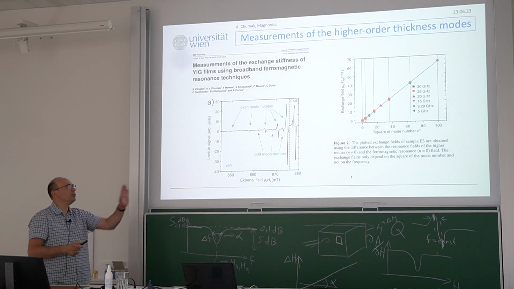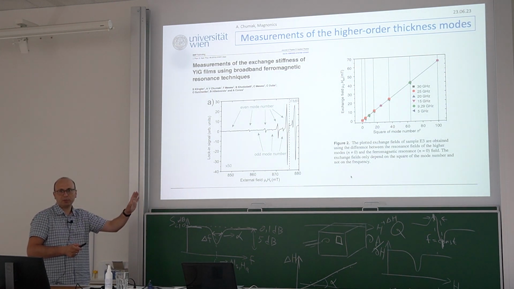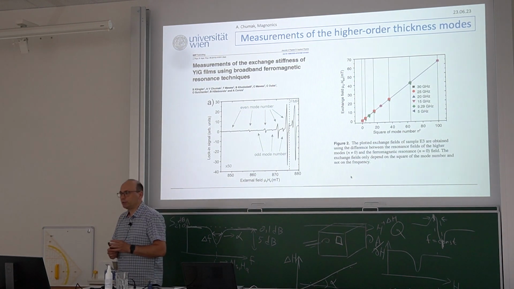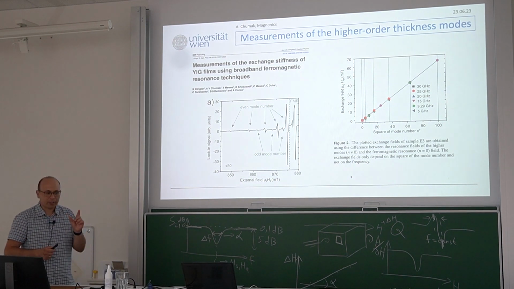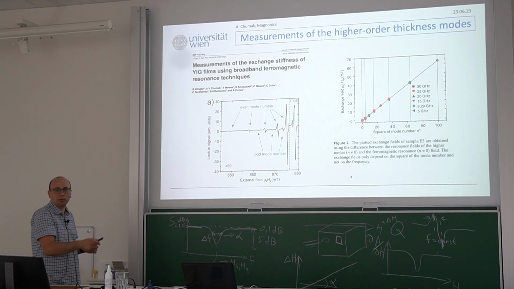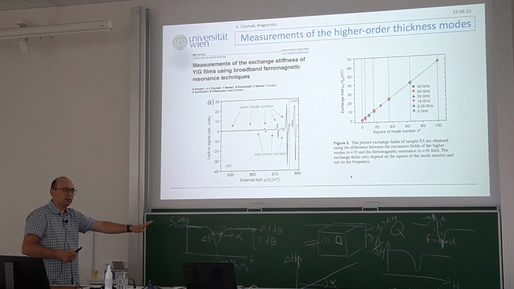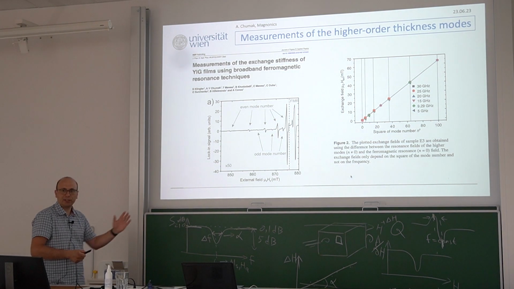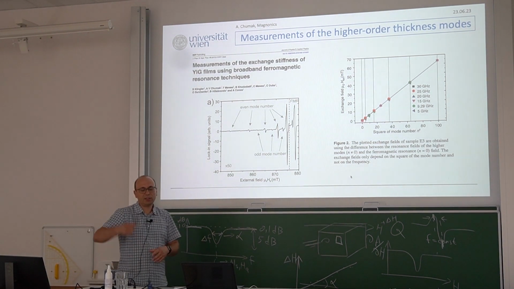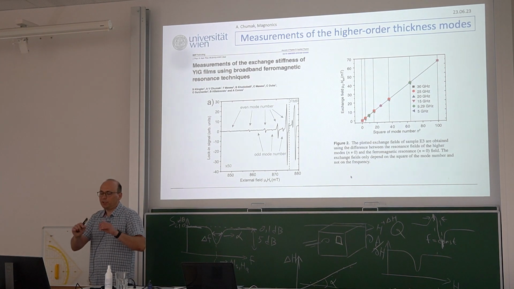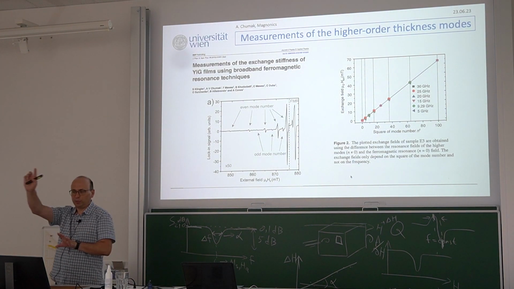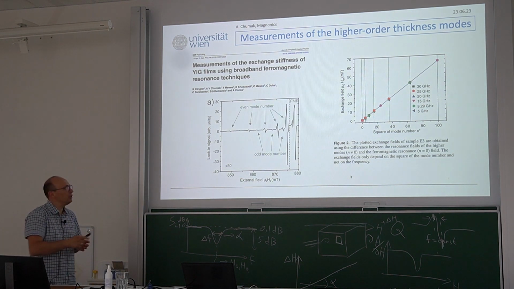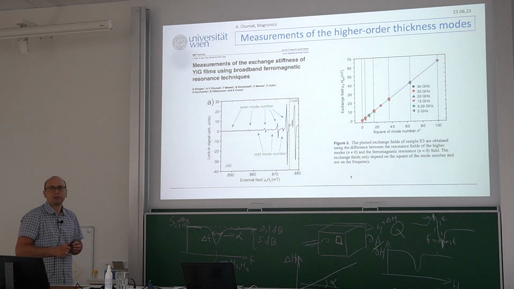The absolute value is usually not easy to pin down, because it depends on how uniform your field is and in which position you hold the sample. But what gives you a lot of information is the distance between modes. Therefore, on one side you write the measurements, that I have such a delta F, delta H in this case, and on the other side you calculate, and then immediately, because this delta always increases, you should be able to shift, match, and then define the number of these modes.